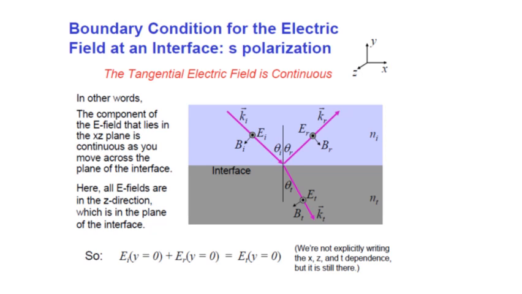All E fields are in the Z direction, which is in the plane of interface. So Ei plus Er should be equal to Et at y equal to 0. We are not explicitly writing the x, y, z and t dependence, but definitely it is there.